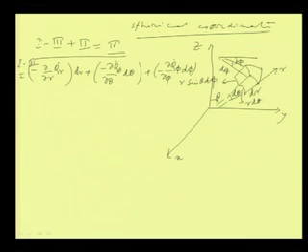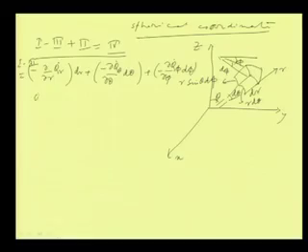Now, again we have to put what is q dot r, what is q dot θ, and what is q dot φ. q dot r equals minus k into r dθ times r sin θ dφ, this is the area, into ∂T/∂r.